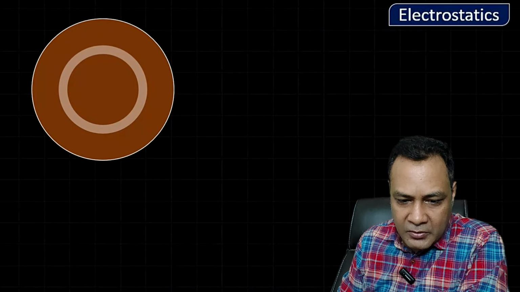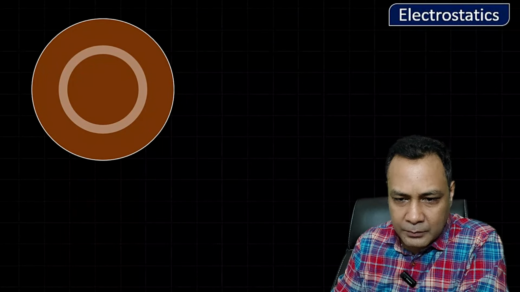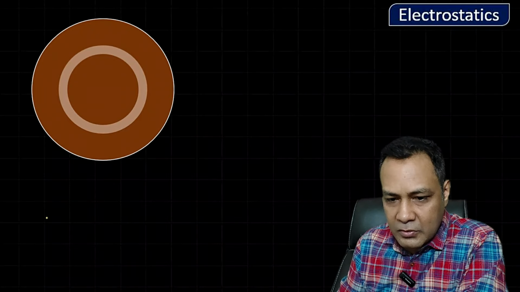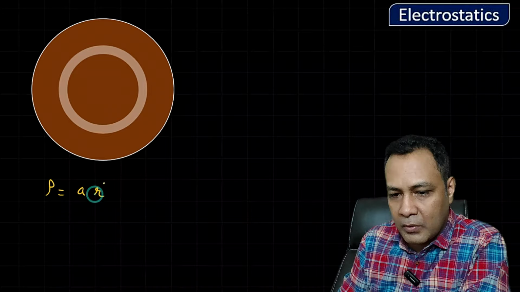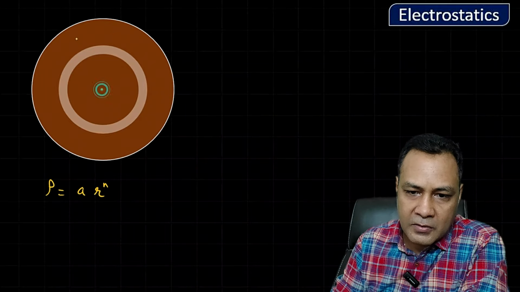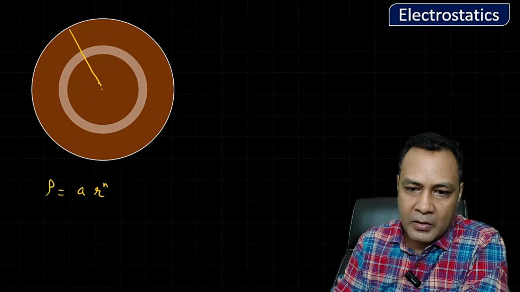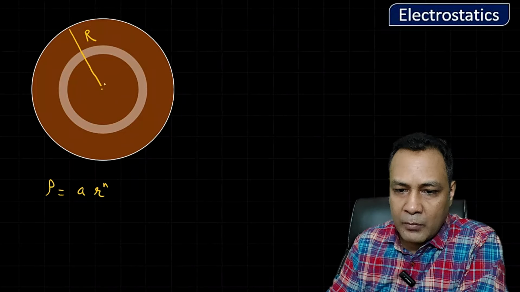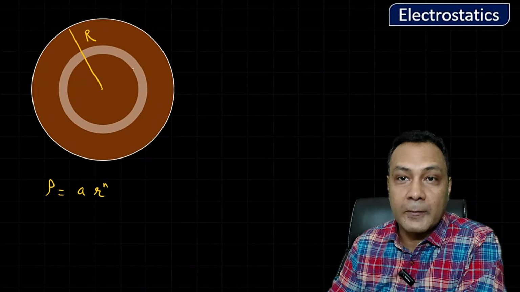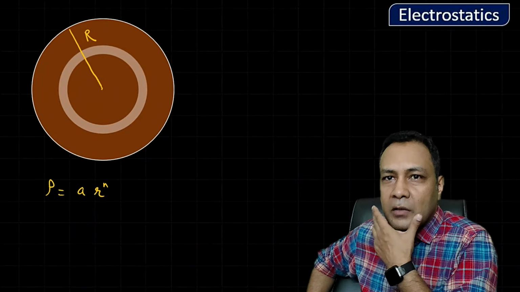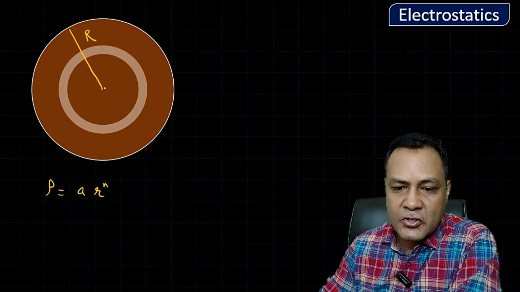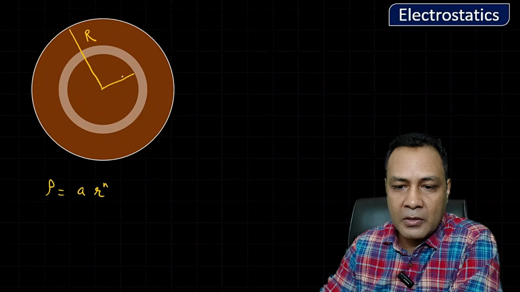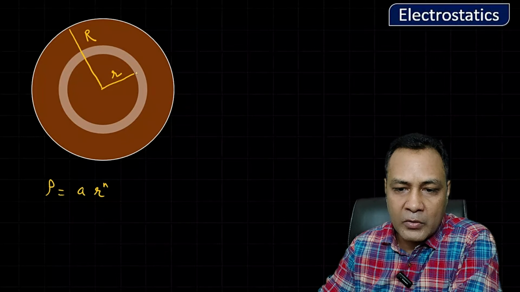So given was a sphere, and the charge density was rho is equal to A r to the power n. Its radius is capital R here. To construct the sphere with a small element, the small element I can take is a shell, having radius between r and r plus dr.